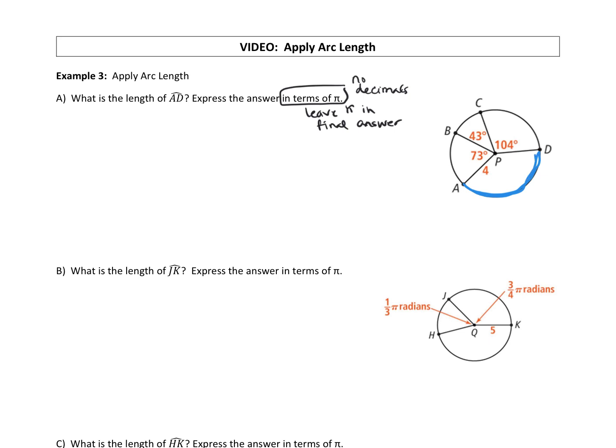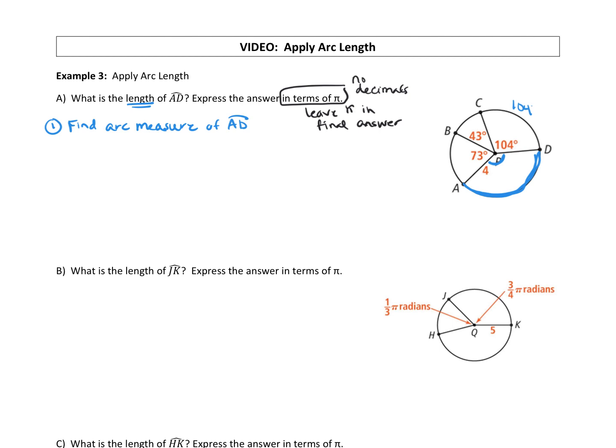All right, so how do we find the arc length of AD? So first thing, we need to find the arc measure of AD. Remember, the arc measure is equal to the central angle. So if I want to know what this arc measure is, let's figure out what the central angle is. Well, we've got all these other angles going around, which is basically the rest of it. So you can look at that in terms of relating the central angles to the arc.